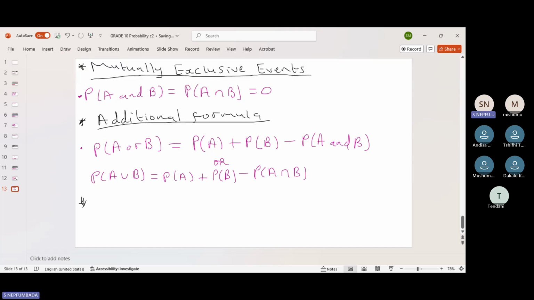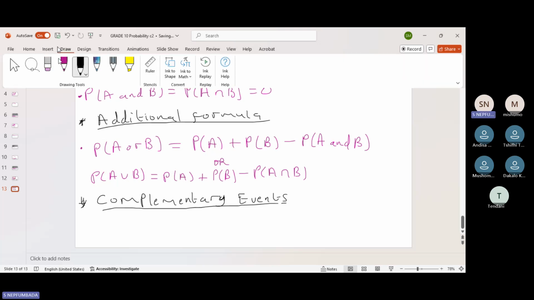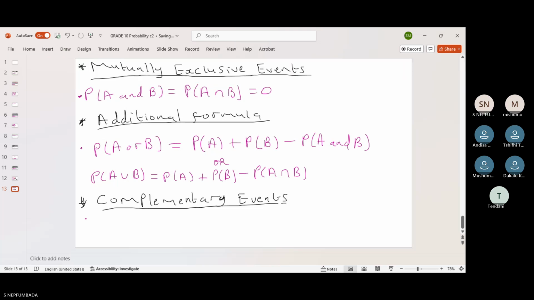And again, we talk about complementary events. In complementary events, we're talking about the probability of not A, which is equal to the probability of A complement.